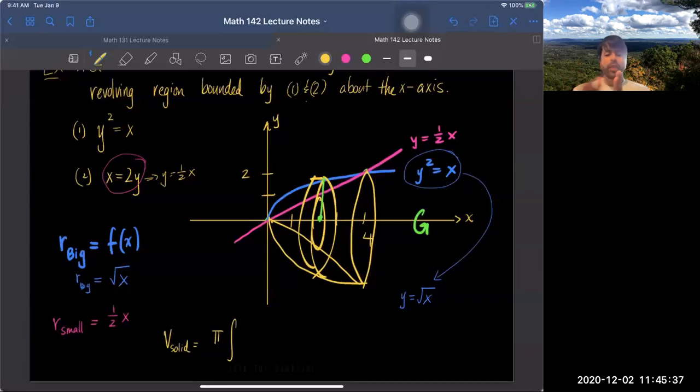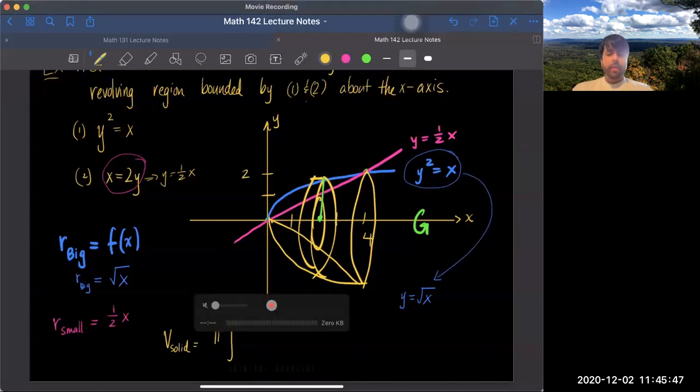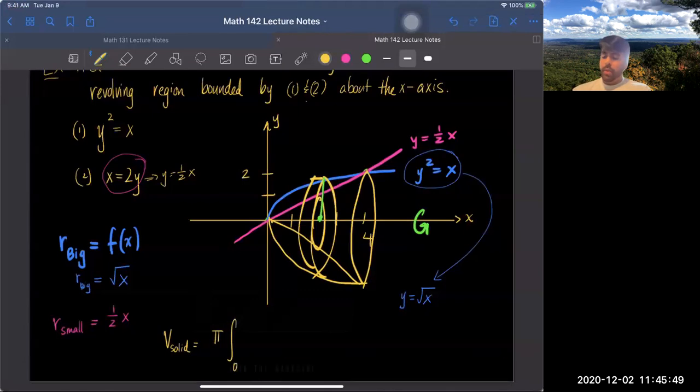So where am I ranging my x values in this region here? Four and zero. Yeah, it's going to be 0 and 4. So this will be 0, 4. And then my big radius is going to be square root of x, and I square that minus the small radius, 1/2 x, square that, and that's going to be dx.